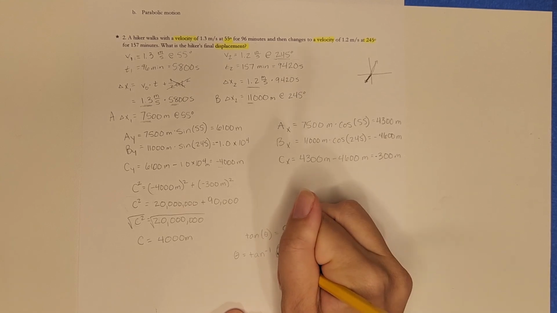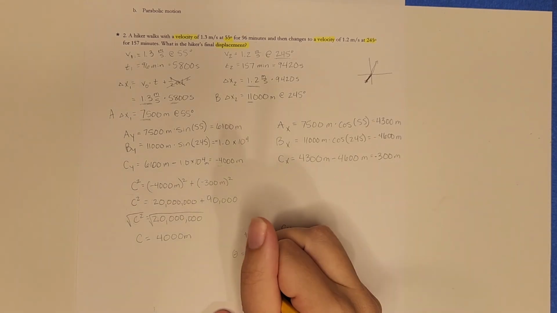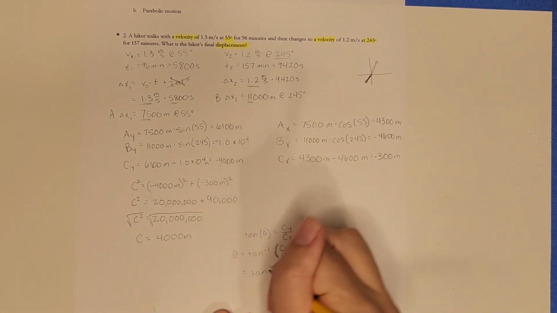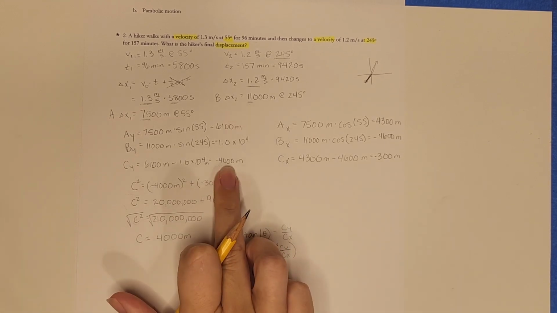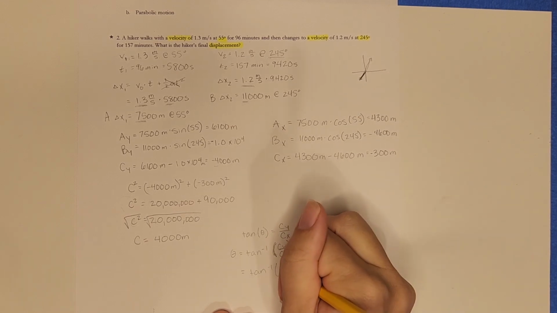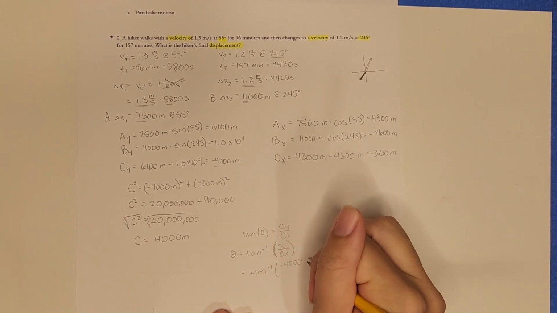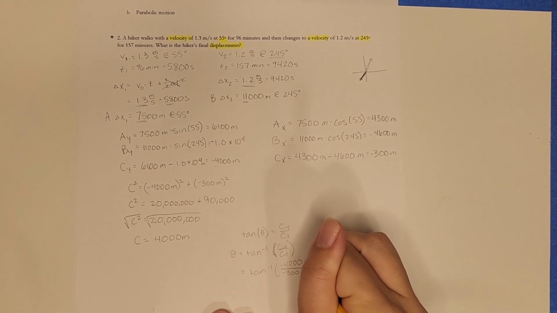Because this is what you're actually going to be putting into your calculator. Okay, and so that equals the inverse tangent of, and we're taking our cy and cx from what we have previously calculated. So it's negative 4,000 meters over negative 300 meters.